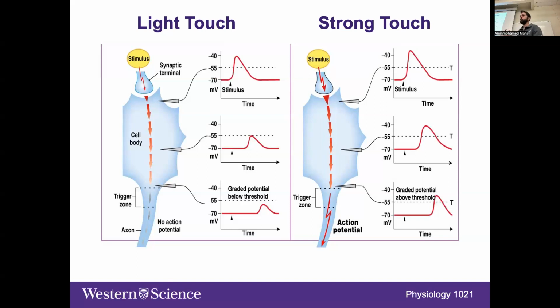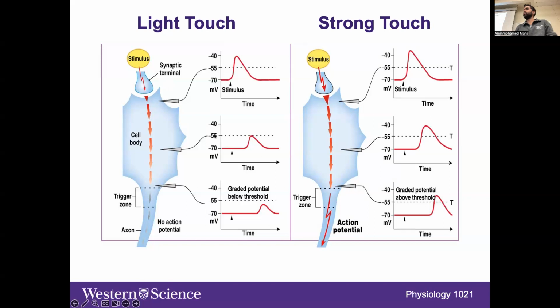So a graded potential is going to take place, right? So you still have signaling happening. You have your receptors getting activated that leads to, say, an opening of ion channels, right? If it's mechanoreceptors, that means you have mechanically gated stretch channels in your arm being activated. That's going to open up ion channels and allow some sodium to come in. So you have a little bit of depolarization, the influx of positive charge. But here's the thing. By the time it gets to that trigger zone, remember the axon hillock?